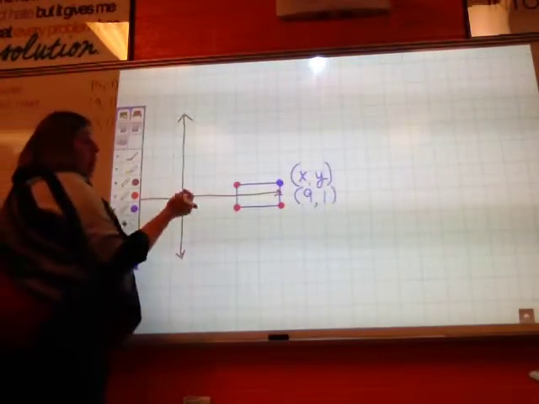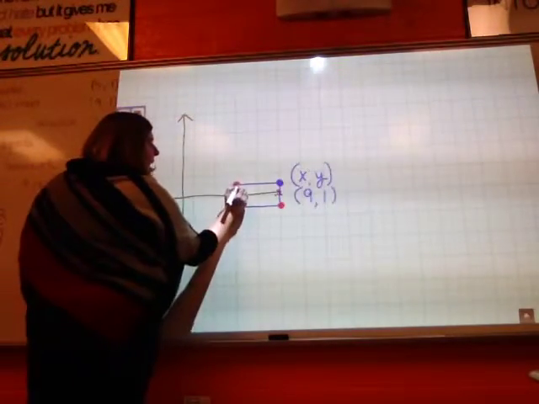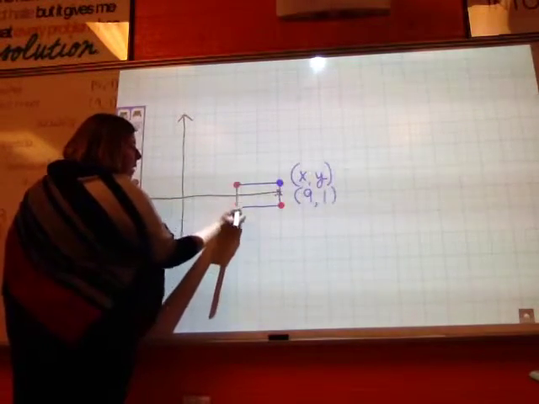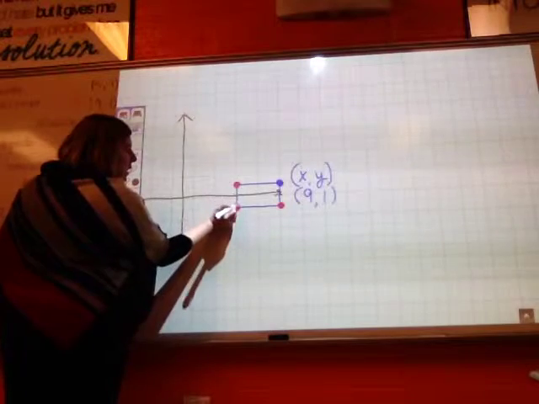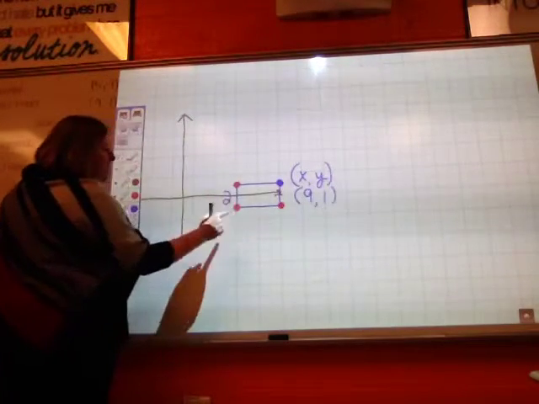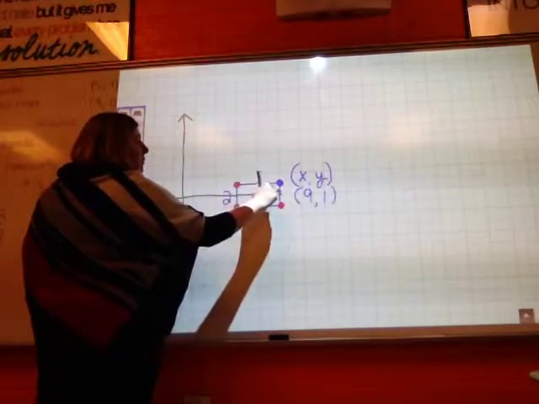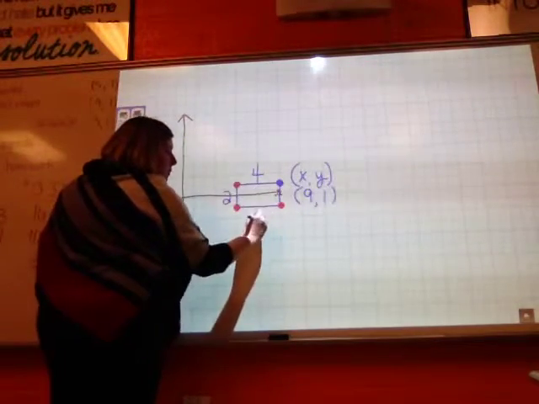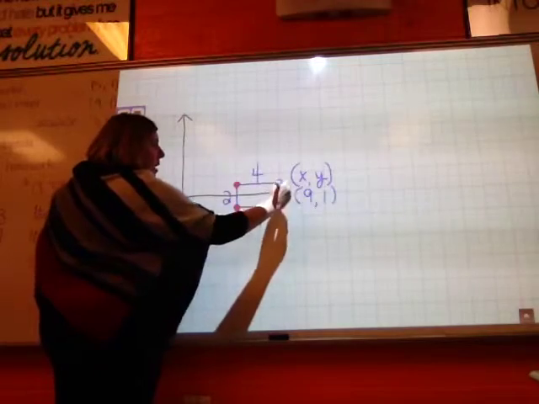So now that I have graphed this, I can see that perimeter is the distance around the figure. So I've got to know how far this side is. So this side is 1, 2 units. This side is 1, 2, 3, 4 units. So if this side is 4, this side's 4. And if this side is 2, this side's 2.